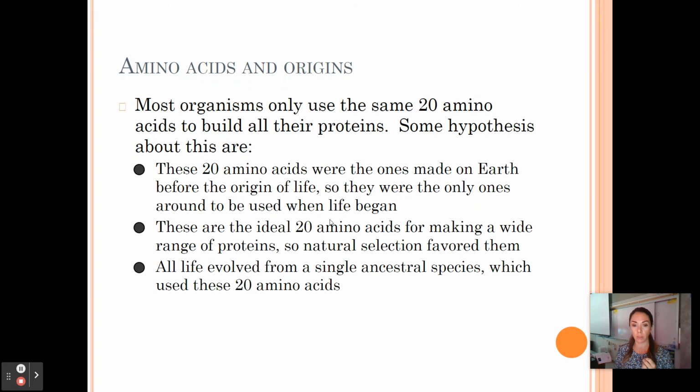These 20 amino acids are ideal for making a wide range of molecules because they make peptide bonds easily and can be put together in different orders and ways, and all life evolved from that single species which used those 20 amino acids. We've looked at those as evidence for common ancestors, for looking at what evolved first, but that's giving you a little more background on the amino acids.